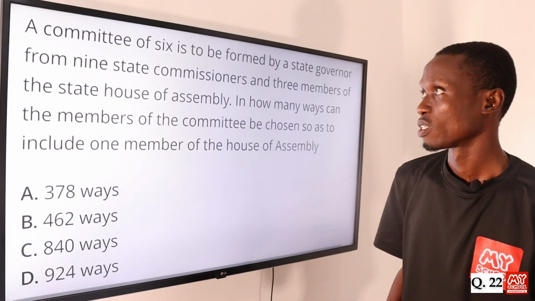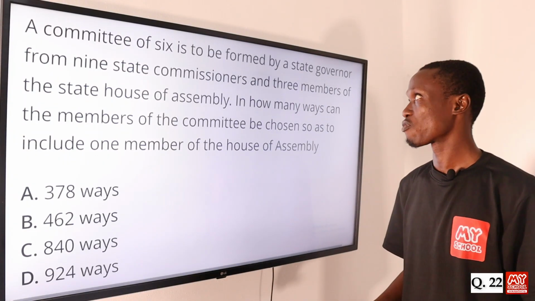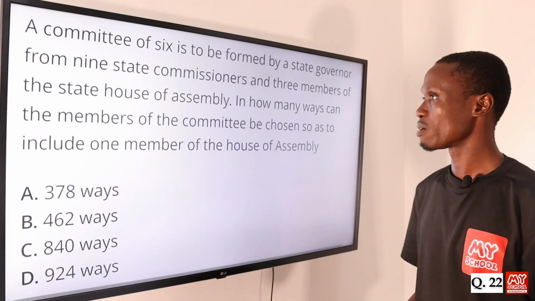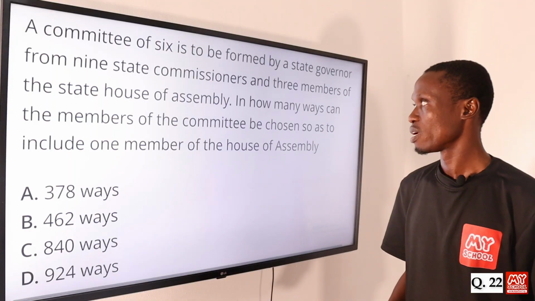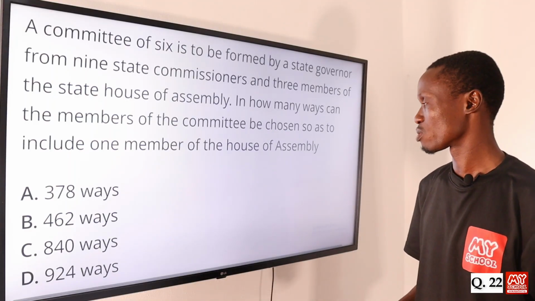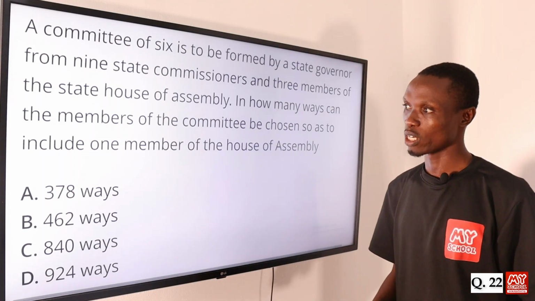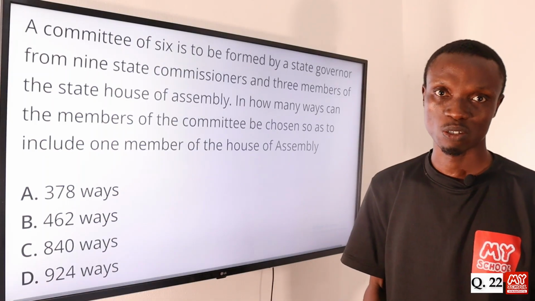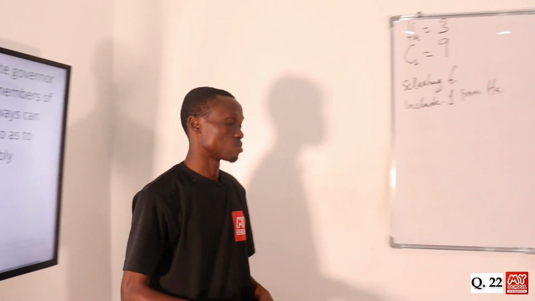Question 22. A committee of 6 is to be formed by a state governor from 9 state commissioners and 3 members of the House of Assembly. In how many ways can the members of the committee be chosen so as to include 1 member of the House of Assembly? So let's move over to the board to provide the answer to this question.